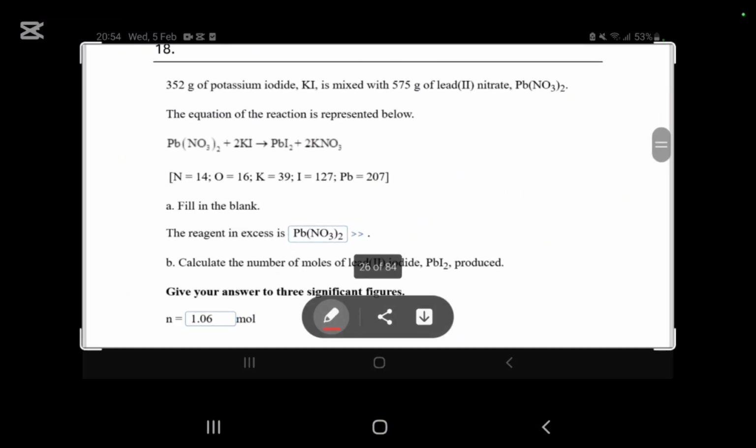352 grams of potassium iodide is mixed with 575 grams of lead nitrate.